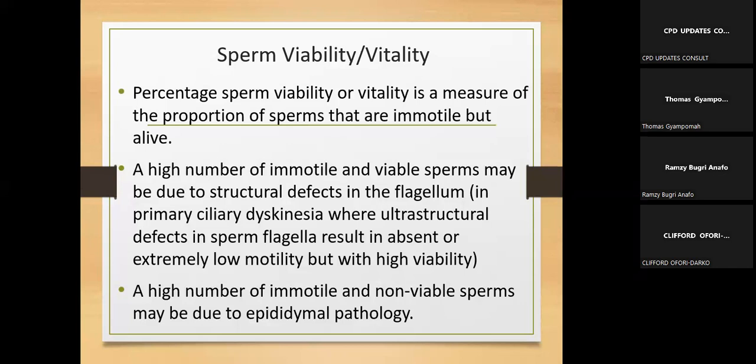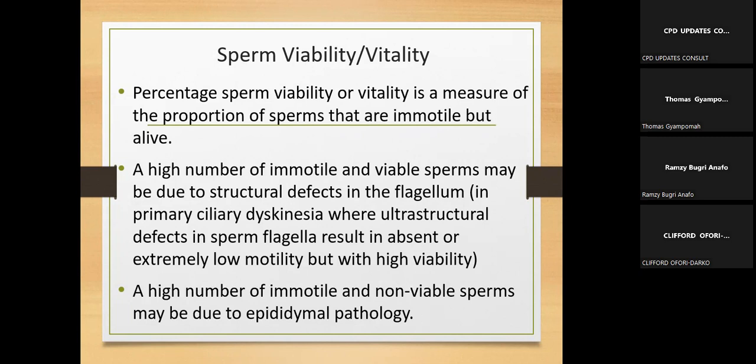A high number of immotile and viable sperms may be due to structural defects in the flagellum. Listen to this, it looks a little clumsy. So if there's a flagellum defect, then the sperms will come out and they cannot move, but yet they are very viable.